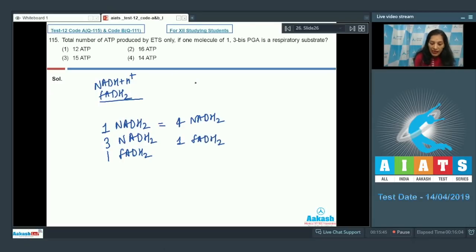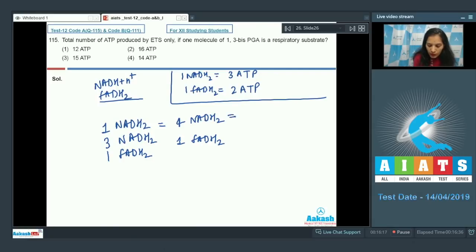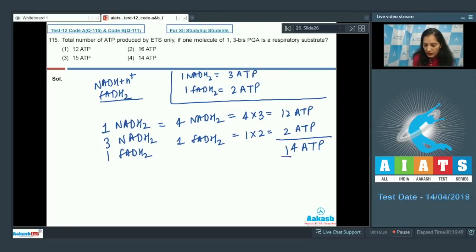You should remember that 1 NADH2 gives you 3 ATP via ETS and 1 FADH2 gives you 2 ATP. So it is 4 into 3, that is 12 ATP, and 1 into 2, that is 2 ATP. So total ATP produced by ETS only from 1,3-bisphosphoglyceric acid is 14 ATP molecules. So the correct option for the given question is option number 4. Let's move to the next question.